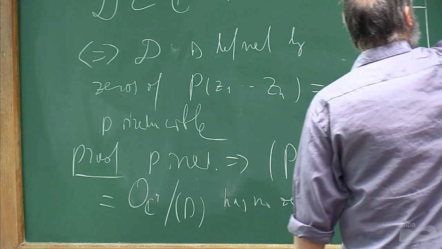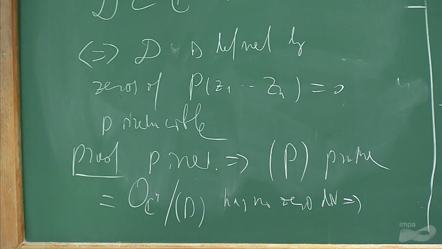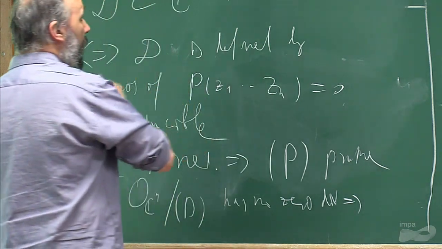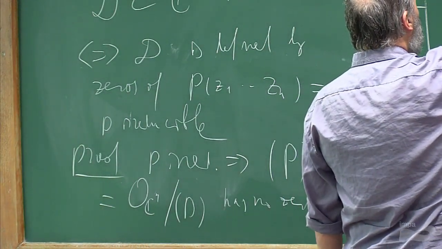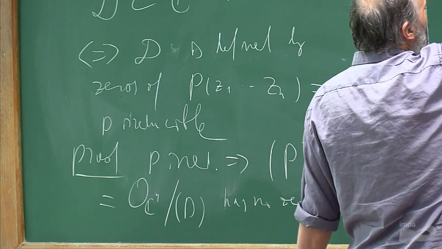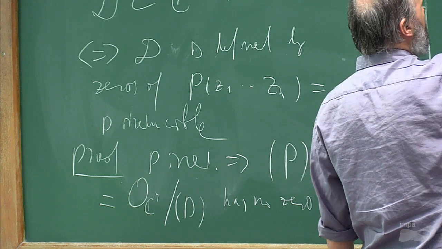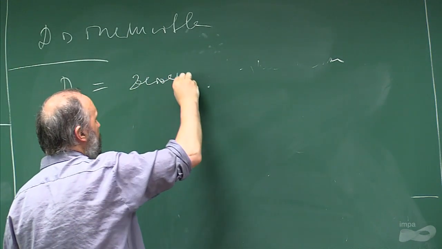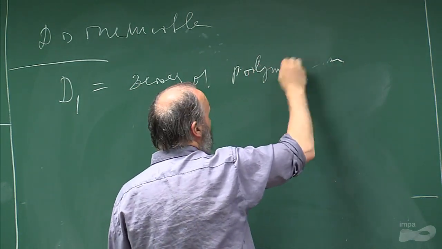Okay, so let's do the converse. So we start with an irreducible divisor. Let's start with any divisor. Let D1 be zeros of polynomial p1.